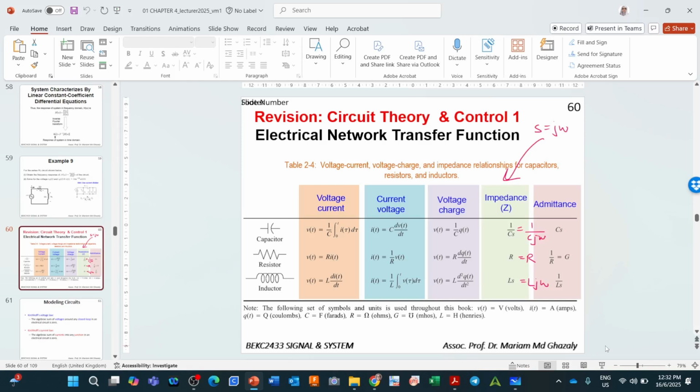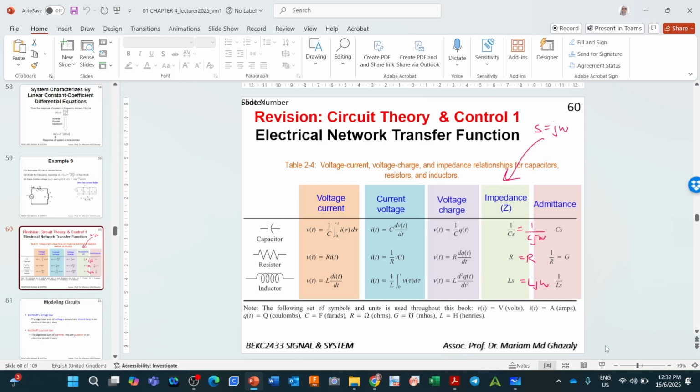If we have the inductance, you have VL, so you write it as ZL, which is LS, and substituting with j omega you get L j omega.